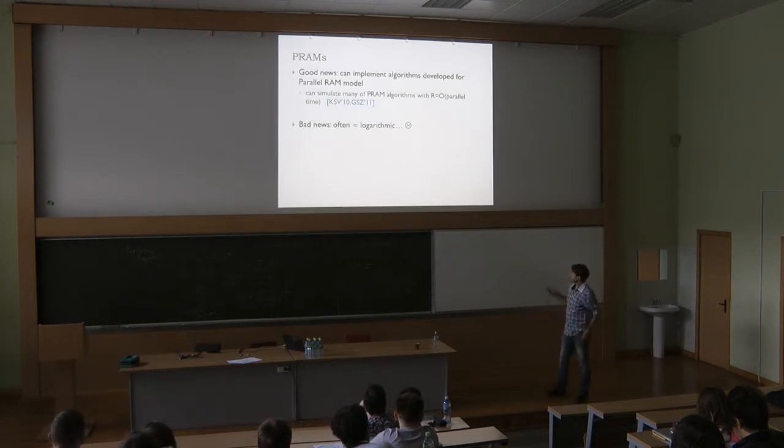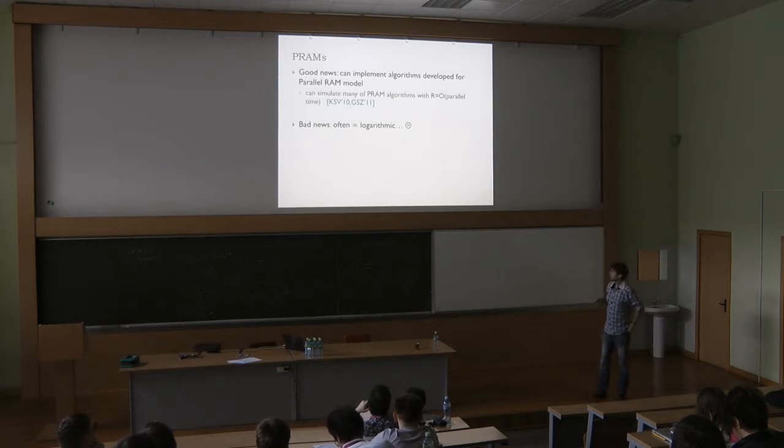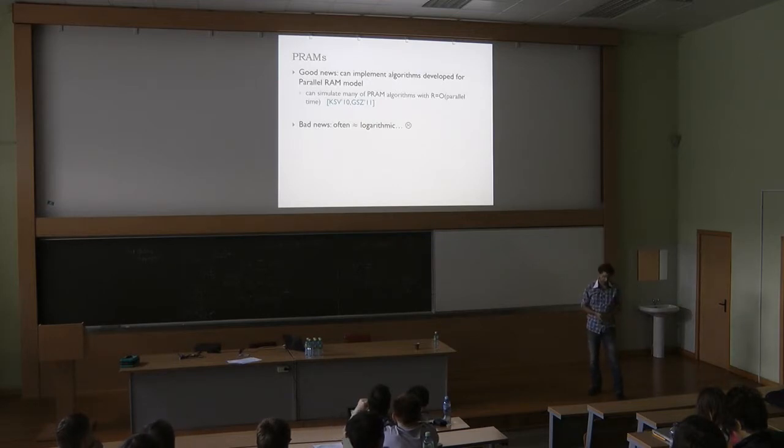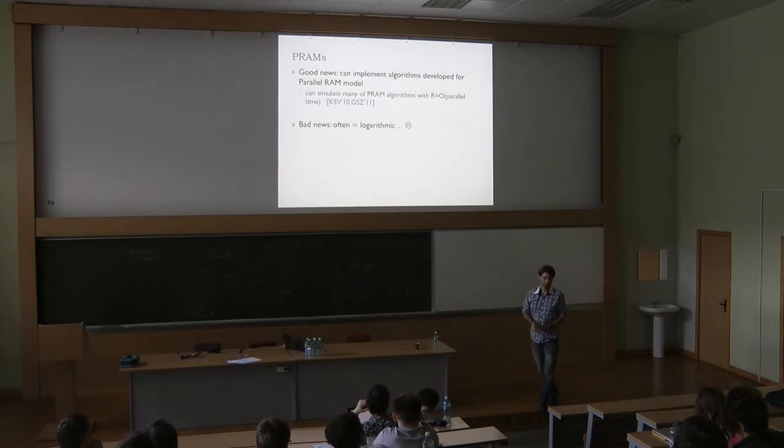So this is all good, except for the bad news that you already, I presume, read: often the number of rounds there is logarithmic, and often this is probably the best. The big difference, and why this is a new question, is that we want the number of rounds to be constant and not logarithmic.